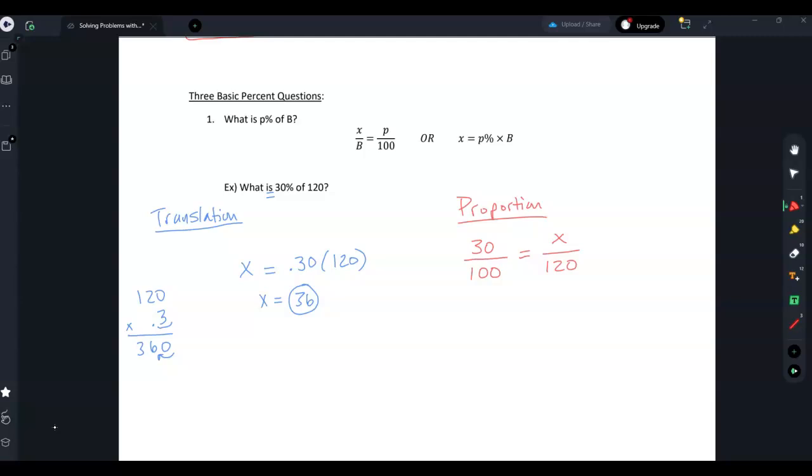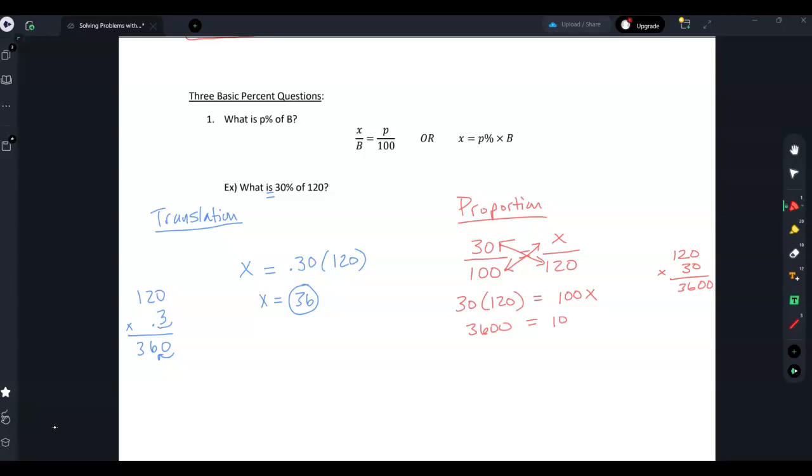All right, so then from here you can solve with any method you like. Cross multiplication is pretty typical, so I'm going to go ahead and solve with cross multiplication. 30 times 120 is going to be equal to 100 times X. And then off to the side, I'm going to do 30 times 120, which really I could just do 3 times 12 and then attach 2 zeros would be my shortcut there.